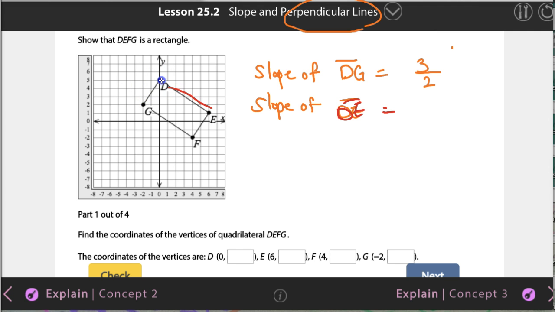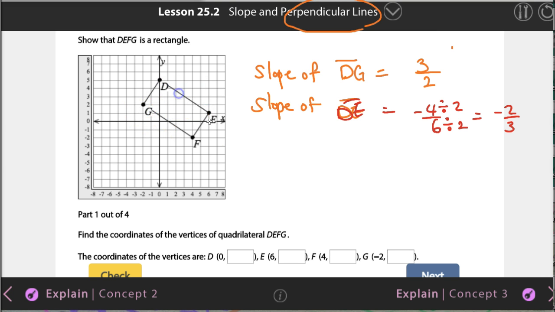I have to start from here and go 1, 2, 3, 4 down. So that will be -4. And then how many do I have to go to the right? 1, 2, 3, 4, 5, 6. Now we all know that we have to simplify the top and the bottom by dividing by 2. So we have -2/3, and that's the slope for DE.